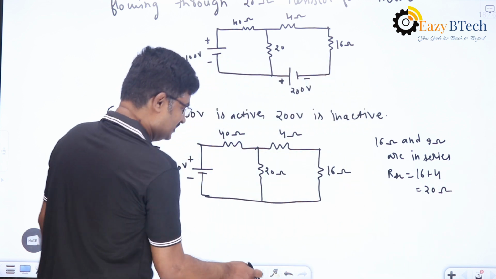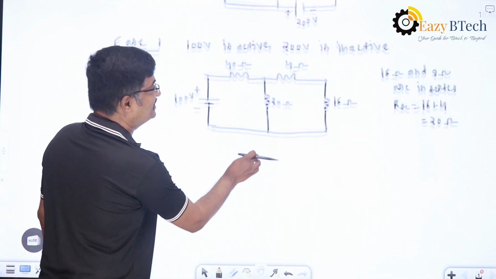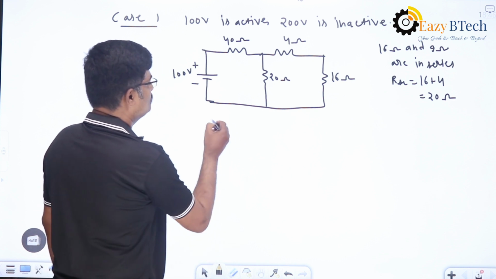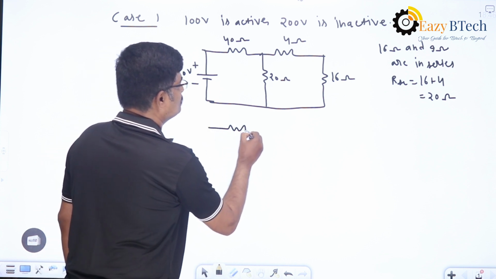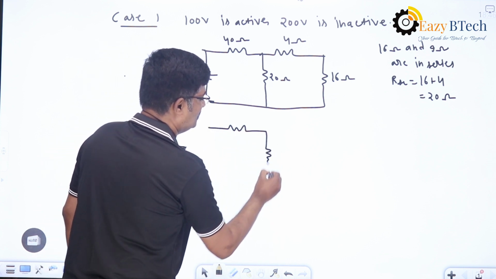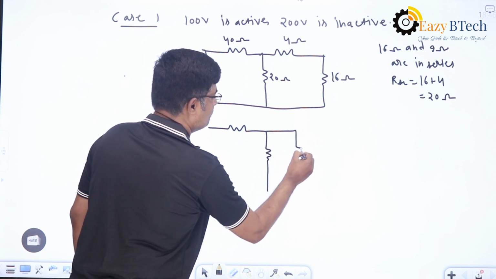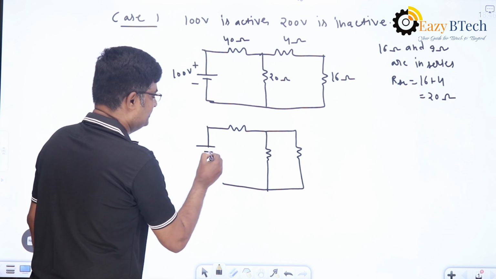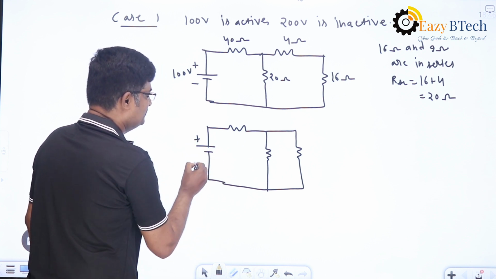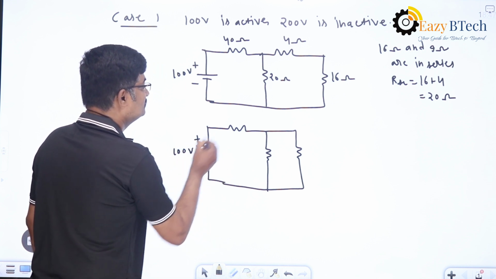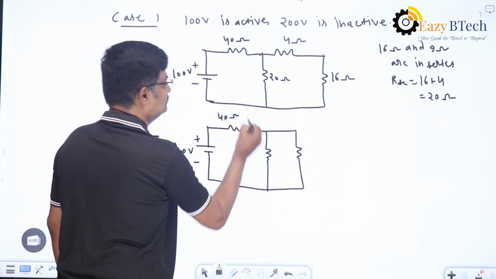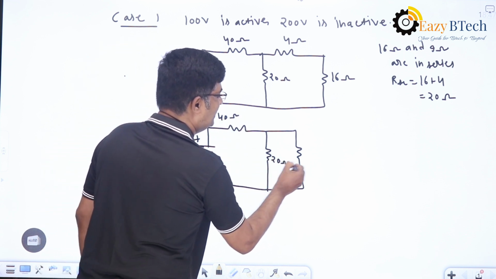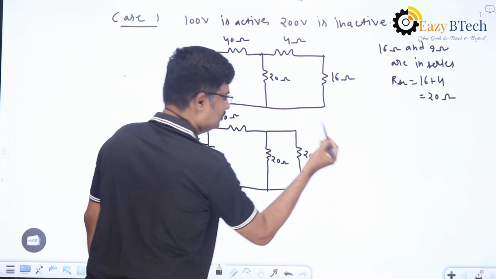Now my diagram will be changing to this: the voltage source of 100 volts, 40 ohm, this is 20 ohm, and this is once again 20 ohm.